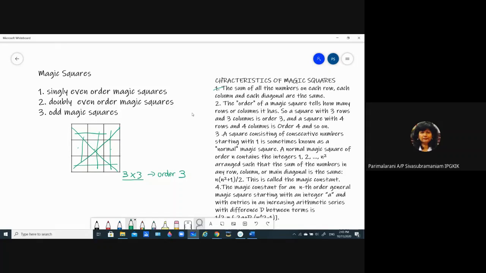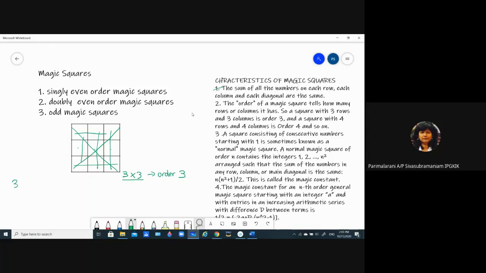Order 3 means 3 by 3. That means there are 3 squares on each side of the magic square. It has a dimension of 3. Okay. So a square with 3 rows, 3 columns is order 3. If the square has 4 rows and 4 columns, it is order 4.